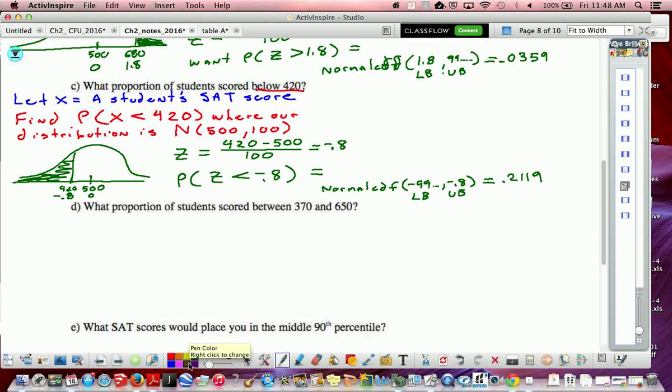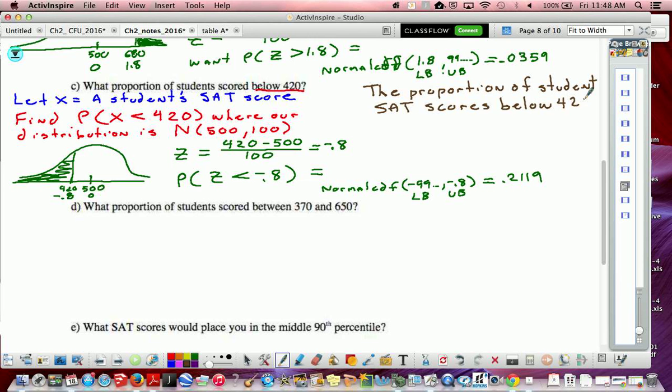So then the proportion of student SAT scores below 420 is 0.2119.